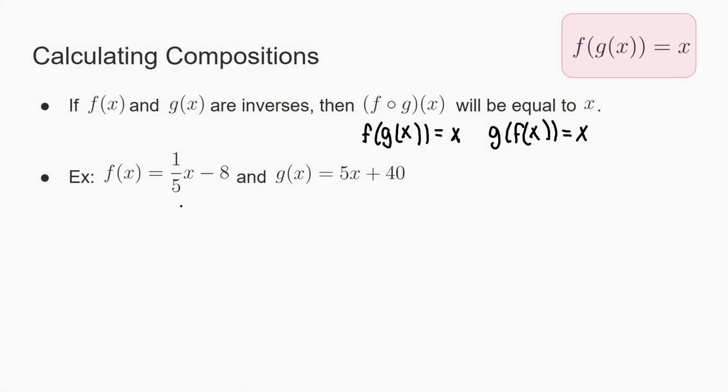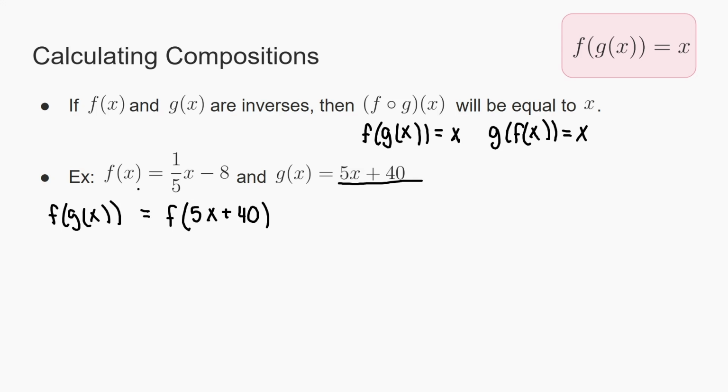Now, let's go through an example. In this case, f of x and g of x are inverses. So let's test out this property. We'll start with f of g of x. As you can see, g of x here is 5x plus 40. So we're looking for f of 5x plus 40.